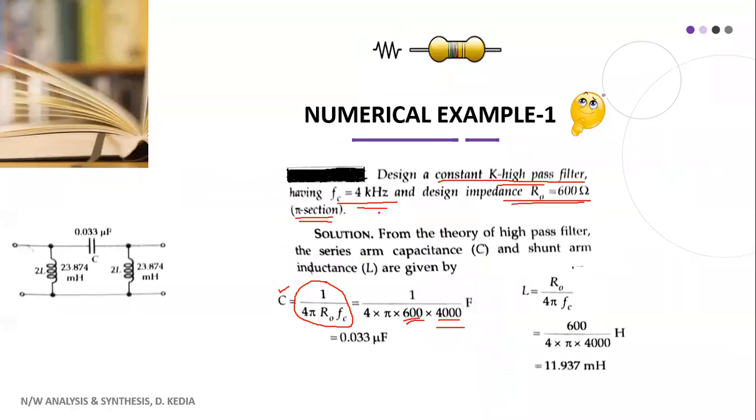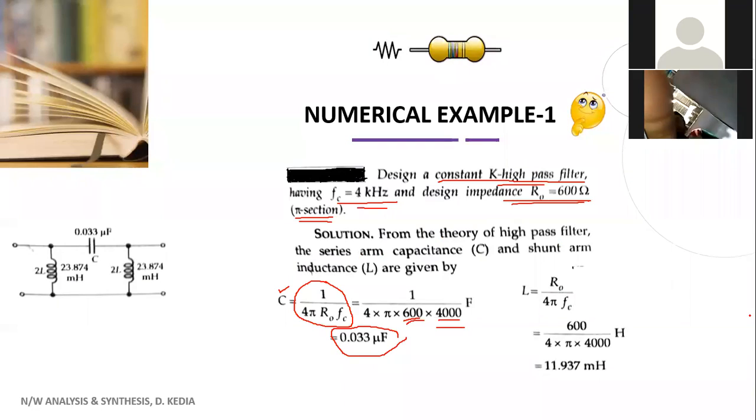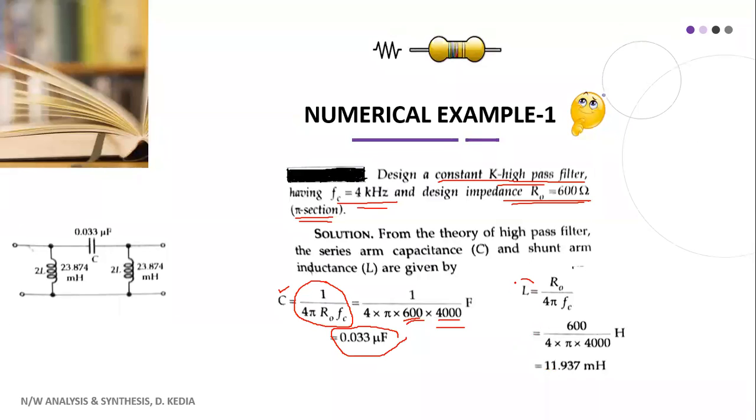FC was 4 kilohertz, and we obtained the value of C. Okay, here now we need to determine the value of L. L is R naught by 4 pi FC. So here again we have substituted and determined the value of L. Very simple.